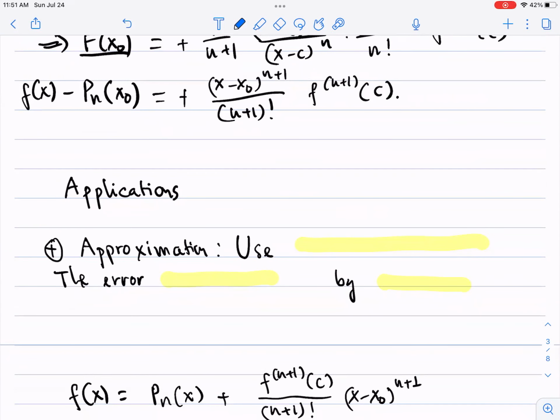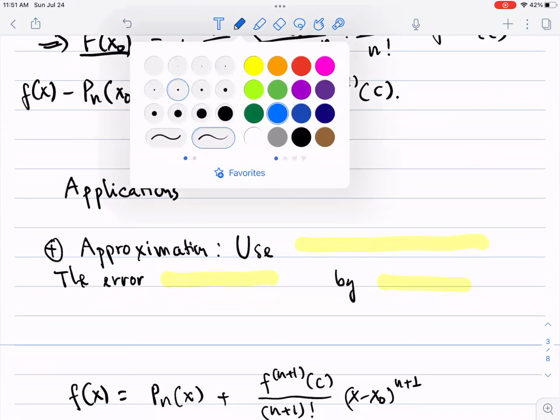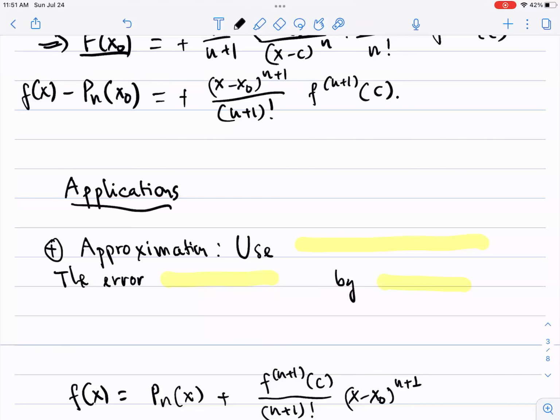Now, let me explain several applications of the Taylor theorem. The first application is to use the Taylor polynomial Pn of x to approximate the function f of x.